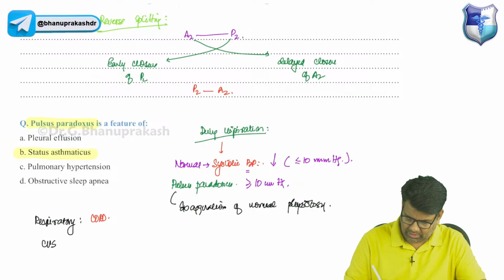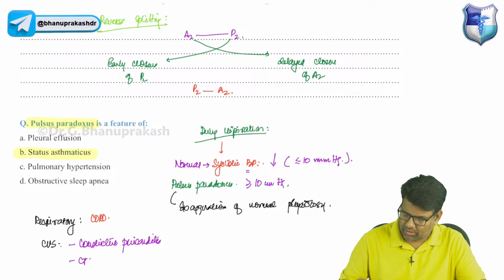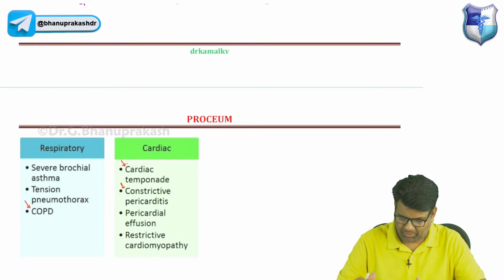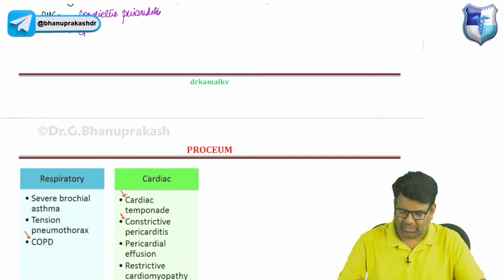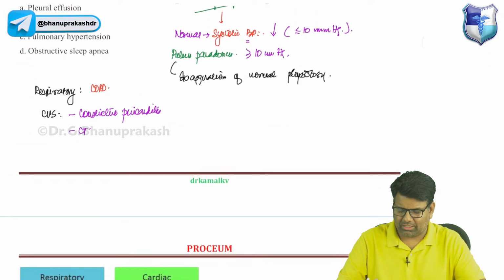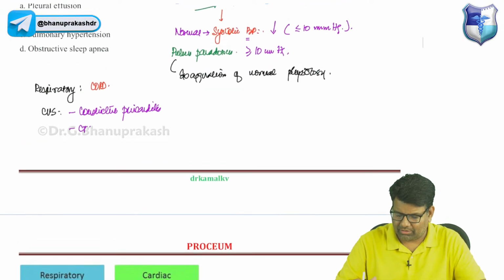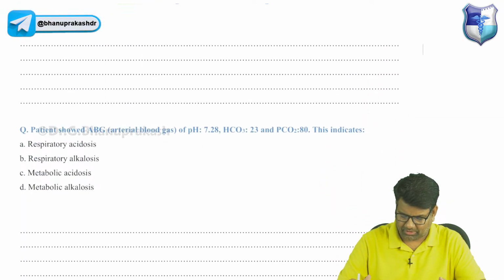Whereas for CVS, just remember two conditions: one is constrictive pericarditis and second is cardiac tamponade. So remember this much: constrictive pericarditis and cardiac tamponade, and here you can remember at least COPD. So this is pulsus paradoxus, and this is just an exaggeration of the normal physiology, which says that there is a fall in systolic pressure on inspiration.